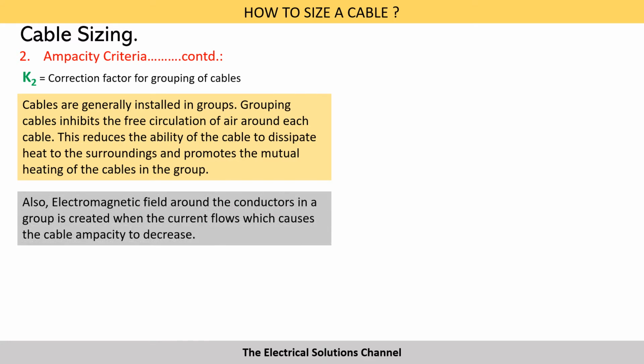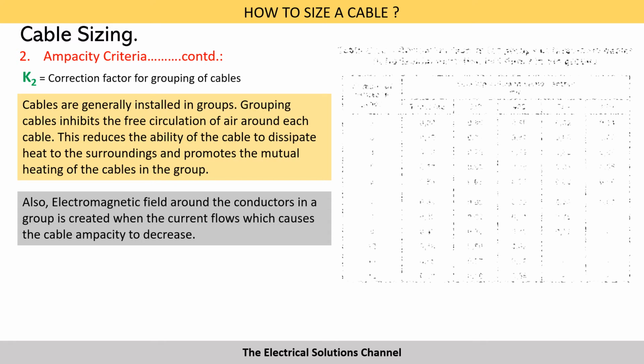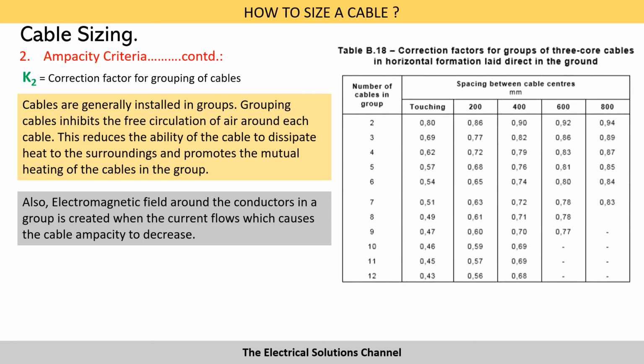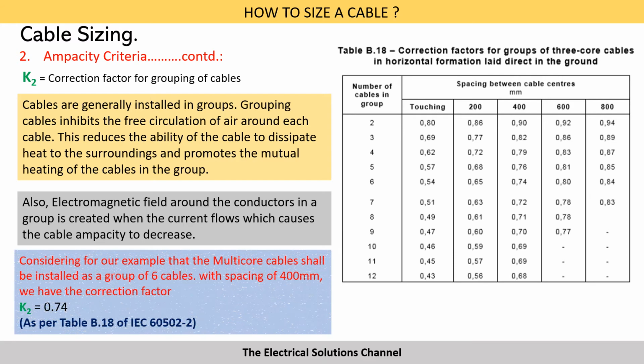Also, an electromagnetic field around the conductors in a group is created when the current flows, which causes the cable ampacity to decrease. Considering for our example that the multi-core cables shall be installed in a group of 6 cables with a spacing of 400 mm, we have the correction factor K2 as 0.74 from Table B.18 of IEC 60502-2.